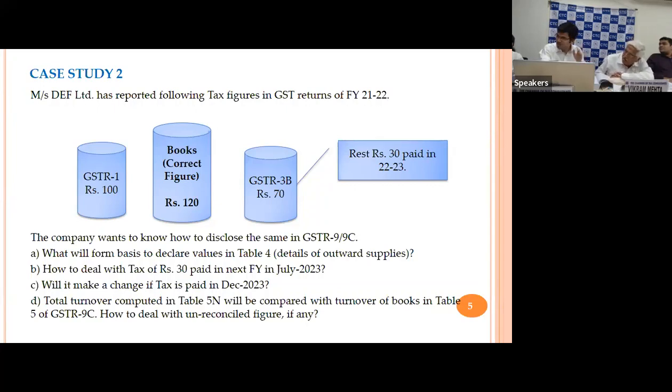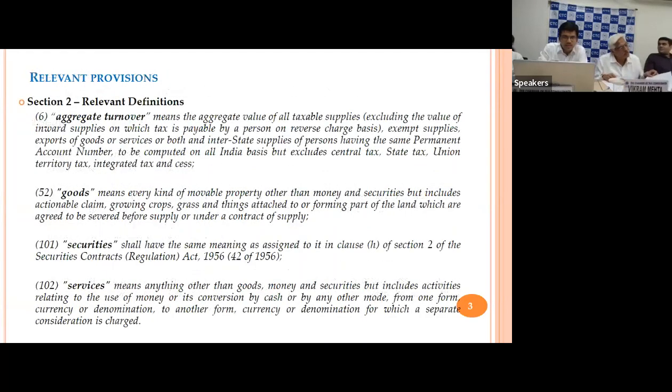Right, because it has to be first a supply of goods or services, and only then can it become a non-taxable supply. And Schedule 3 per se starts with saying that it is neither a supply of goods nor a supply of services. Securities are not covered under the definition of goods and services. Goods means every kind of movable property other than money and securities, and services means anything other than goods, money and securities.